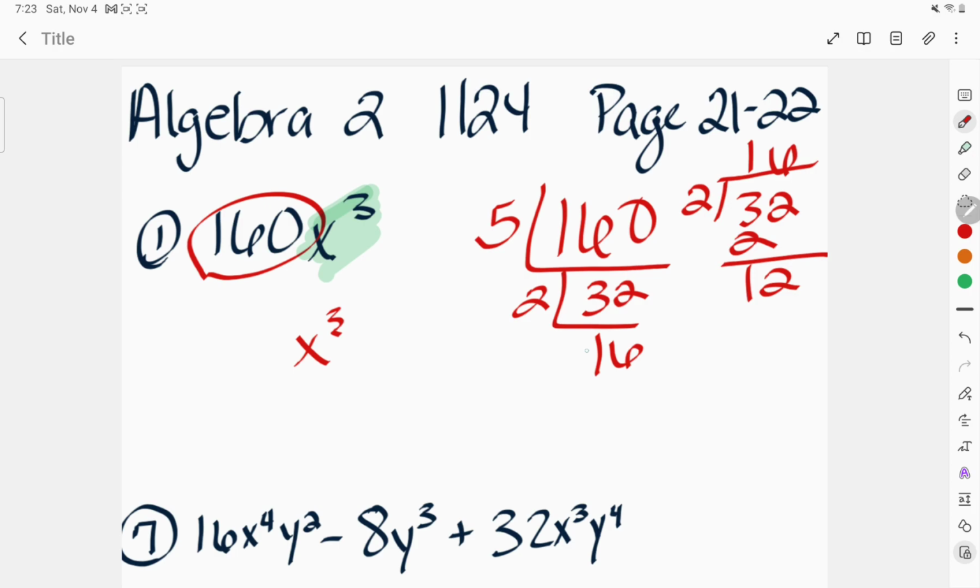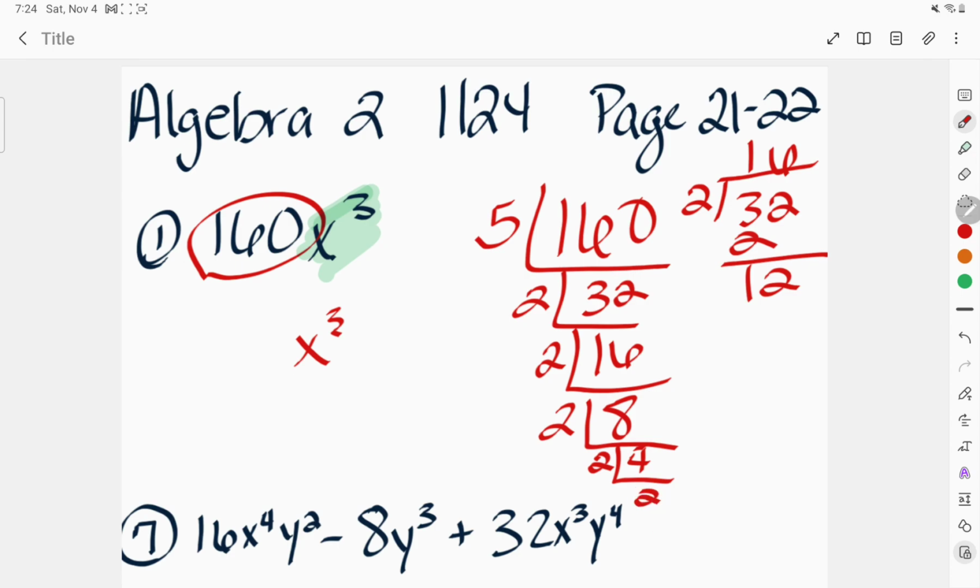All right, 16. So I'm going to go with 2 again. 2 goes into 16 8 times. I'll go with 2 again. And you just keep doing this process until you get to a prime number at the end.